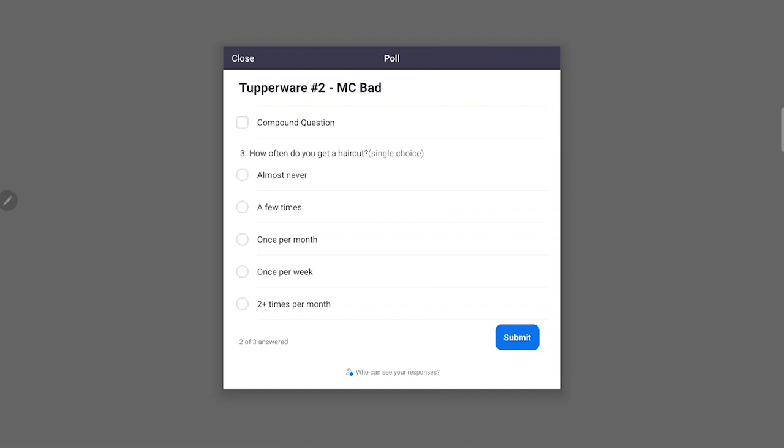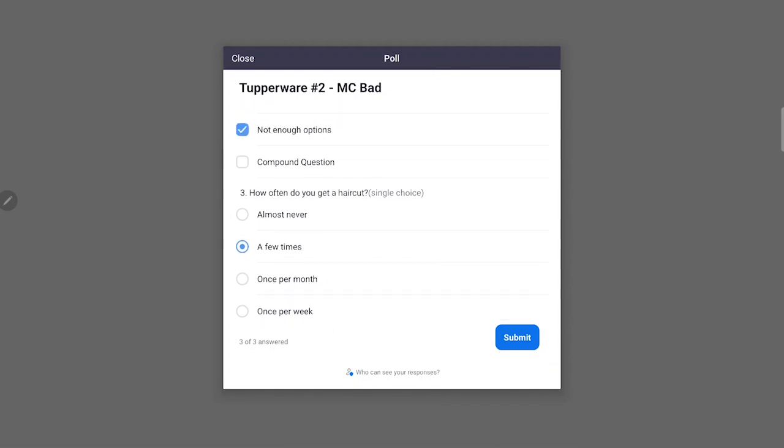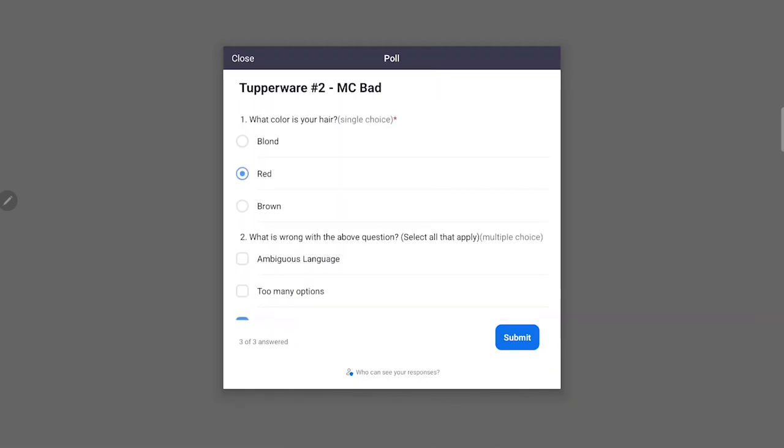I mean, some are in terms of month, some are in terms of week. That can be very confusing. One of them just says a few times. What does that even mean? A few times ever? A few times a year? And some of my answers overlap, right? So once per week and two or more times per month are the same thing. So how are people going to answer? They're going to choose between the two.